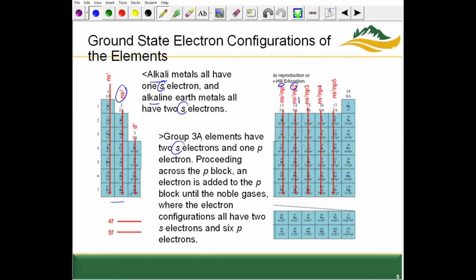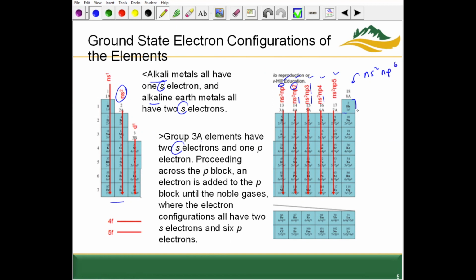We have to fill the s orbital first before we go on to fill the p orbital, so these all have a complete filled s orbital. Then 1 p electron, 2, 3, 4, 5, etc. Where the noble gases, aside from helium, all have a complete s orbital and a complete p orbital.